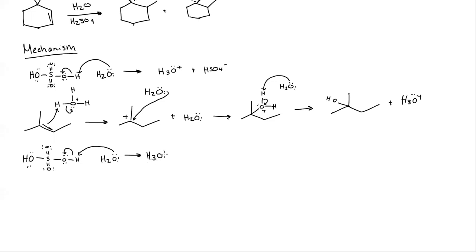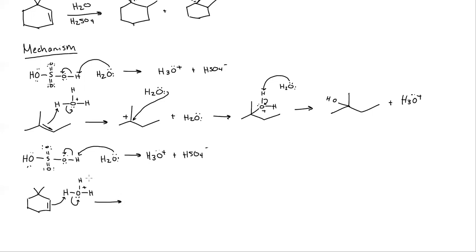So then we get H3O plus. This first step is exactly the same. No difference at all from the last one. But now we are going to take this ring with this double bond and do the reaction. So double bond takes a hydrogen.